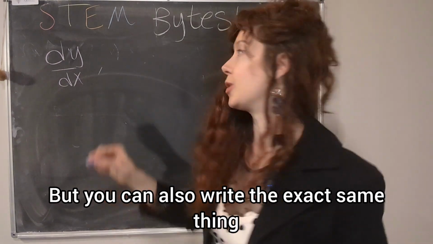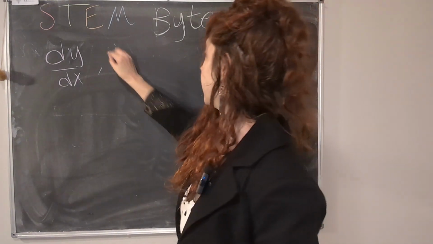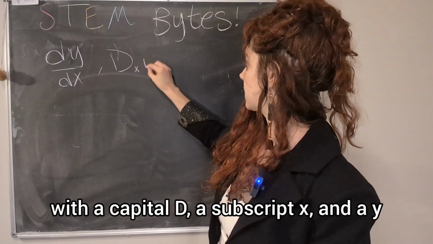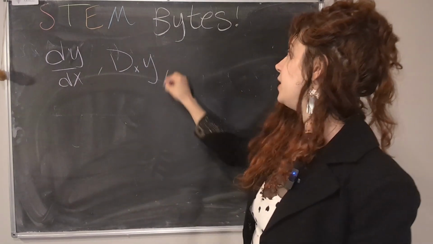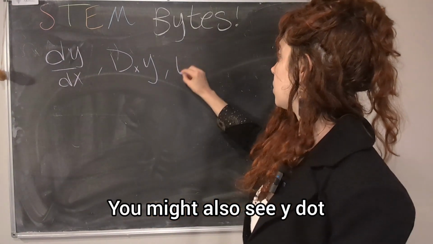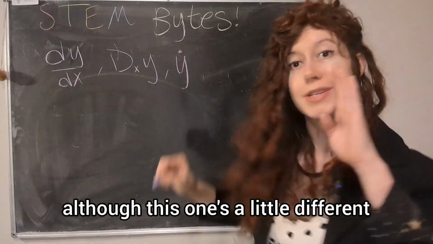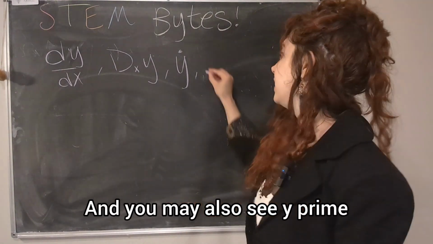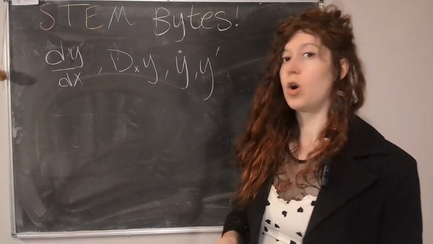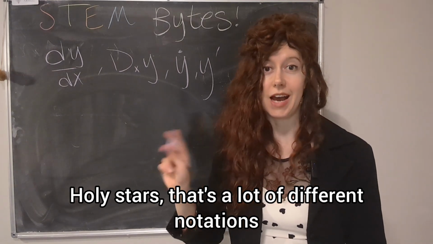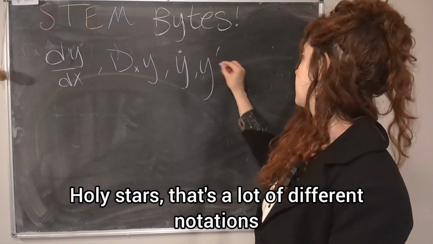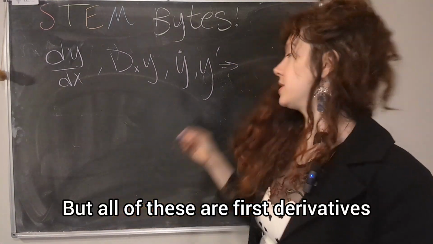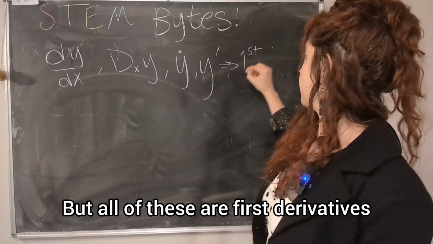But you can also write the exact same thing with a capital D, a subscript x, and a y. You might also see y dot, although this one's a little different. We'll talk about that in a sec. And you may also see y prime. Holy stars, that's a lot of different notations. But all of these are first derivatives.